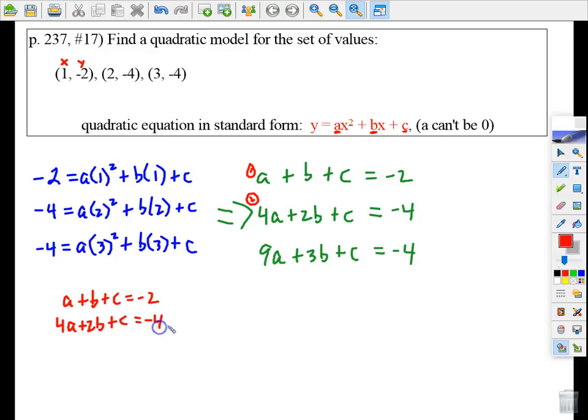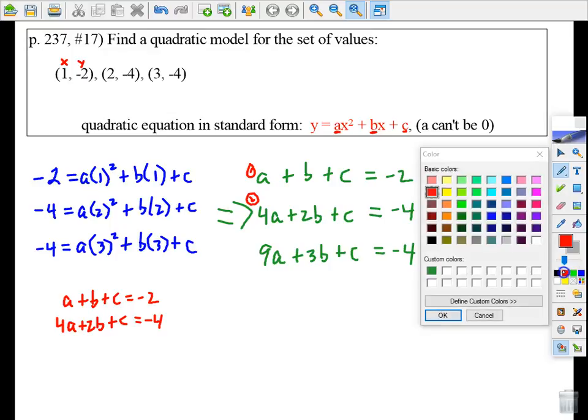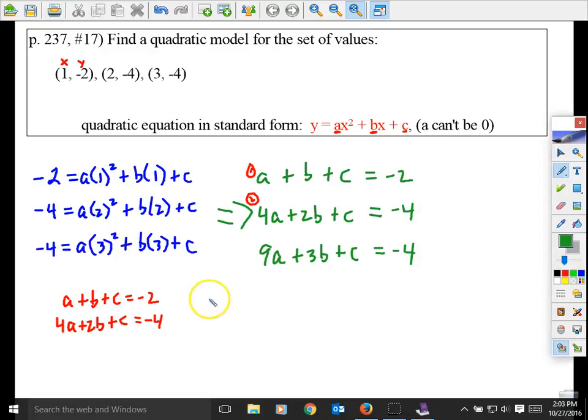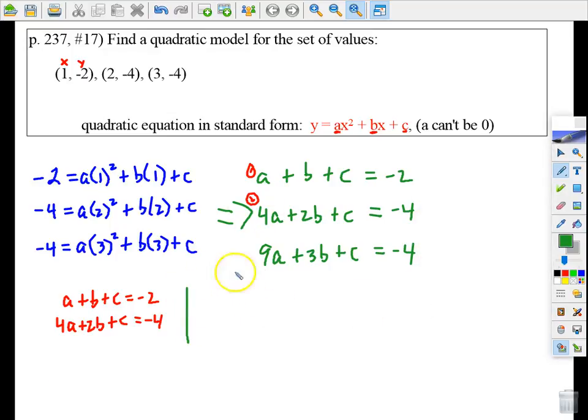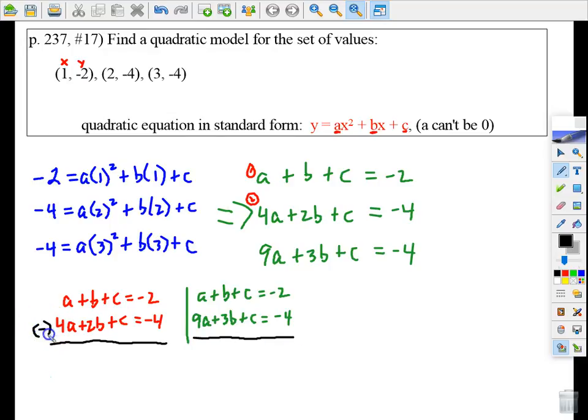All right, it looks like that. And maybe a different color over here. I'm going to pair up equations 1 and 3.